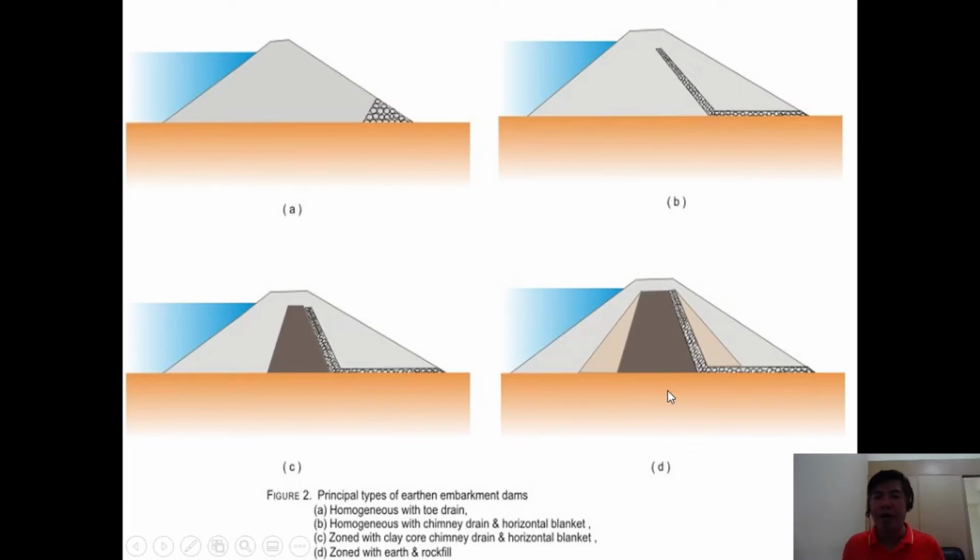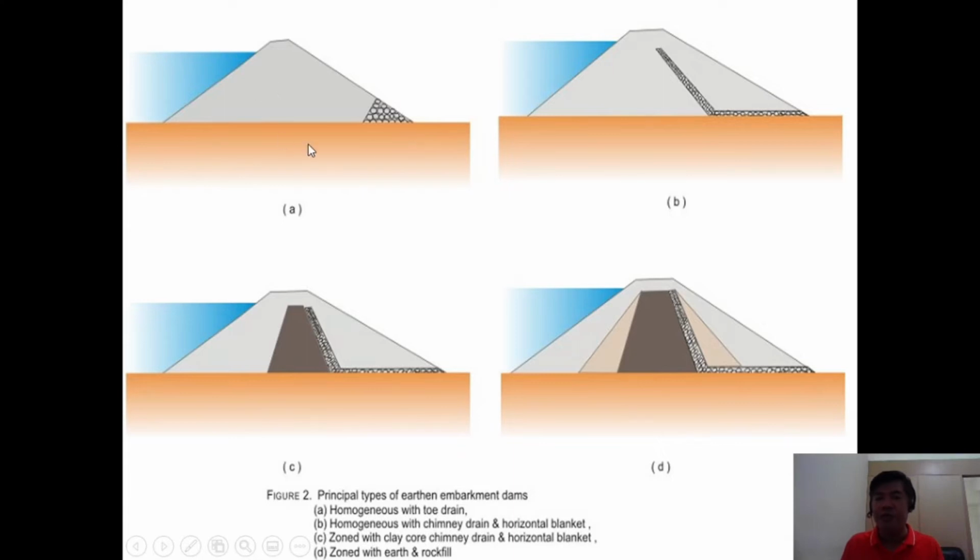So here are some of the types of earth dams or earth fill dams. You have four figures there. The first one, in the upper left, is homogeneous with a toe drain.